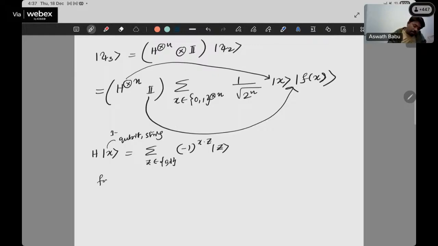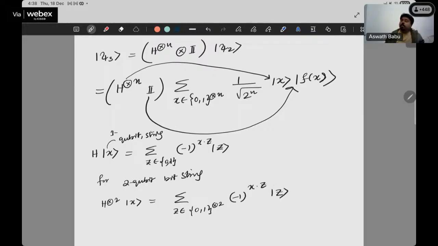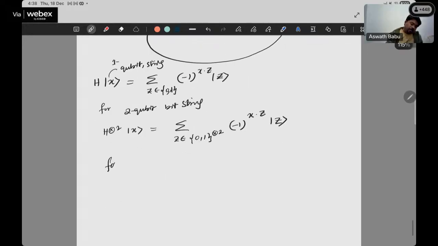For 2 qubits, I'll have 2 Hadamards acting on x, which is the summation over z belongs to {0,1}^2 of minus 1 to the power of x dot z, z ket. Same, only this time I'll have tensor 2.